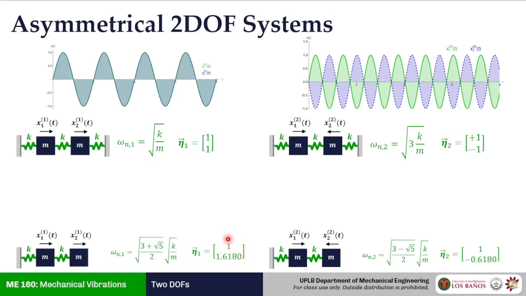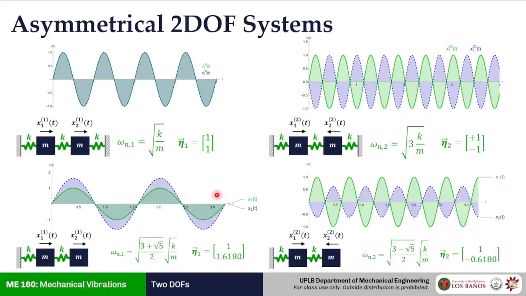If x1 moves 1 millimeter to the right, M2 will move 1.61 millimeters to the right in response. Same thing with mode 2. They are still in opposing signs, so they oppose one another, but the amplitudes for M1 and M2 are vastly different. If you plot the response, it looks like this.